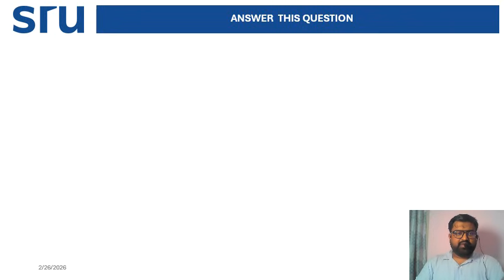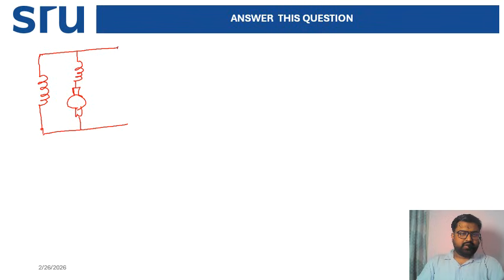When we are drawing the circuit diagram, first we place the armature winding like this. There is one EMF induced, and there is one field winding. These two are connected to the load. Now we will mark the values.